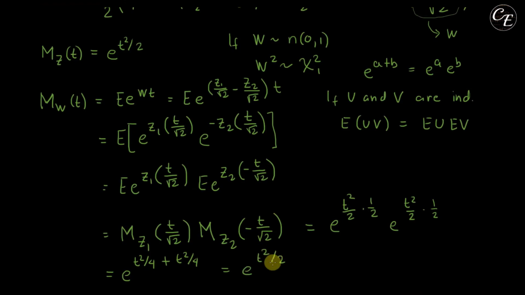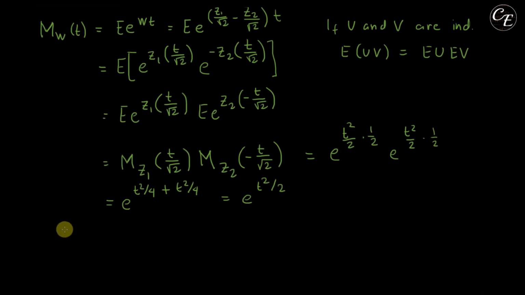Now this one is the moment generating function for this w, and since this one is equal to this one, then w has the same distribution with this z, which has a standard normal distribution. So this w has a standard normal distribution.